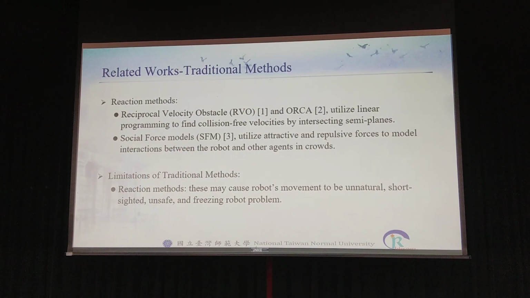And now I will talk about related work, the traditional methods. The traditional methods are rule-based, and include RVO, reciprocal velocity obstacle, and ORCA. They find collision-free velocity by introducing constraints. And the social force model uses attractive and repulsive forces to model interaction between the robot and other agents in the crowd.